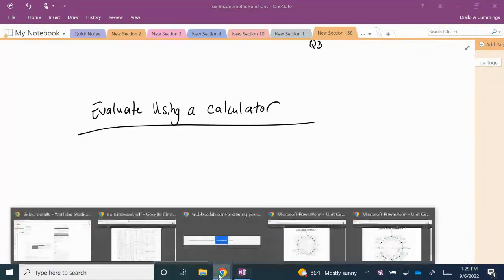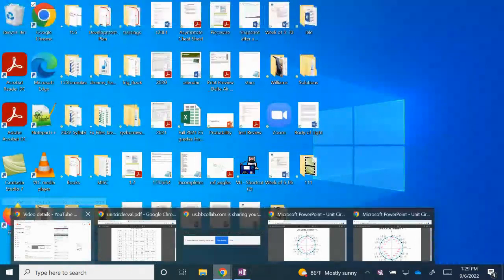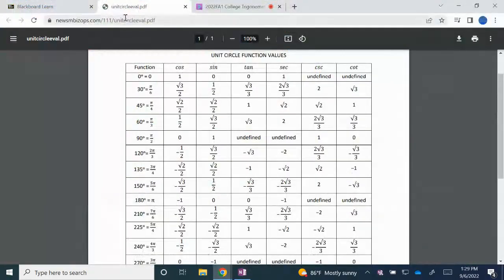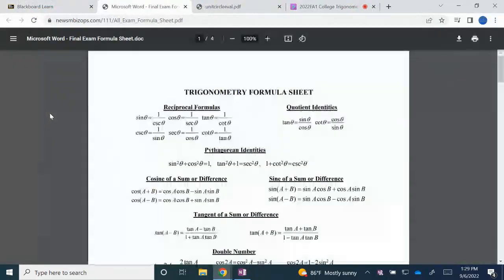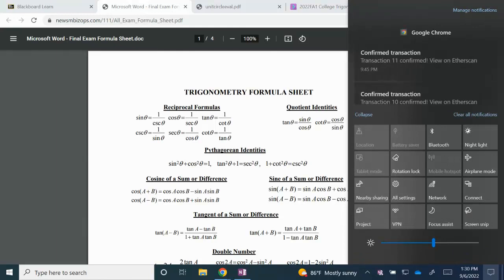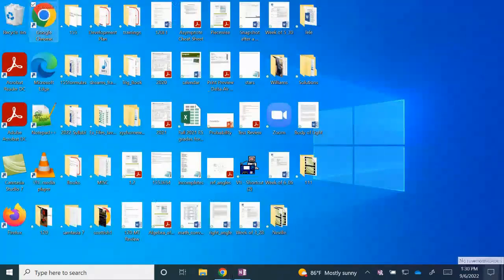So I'm going to go back to the Blackboard homepage, and I'm going to pull up this all exam formula sheet, and I want to concentrate on the reciprocal formulas. Now we have a sine, a cosine, and a tangent function in the calculators. So I'm going to pull up my calculator.